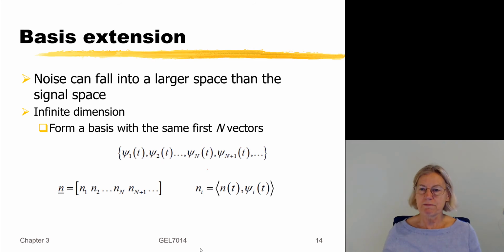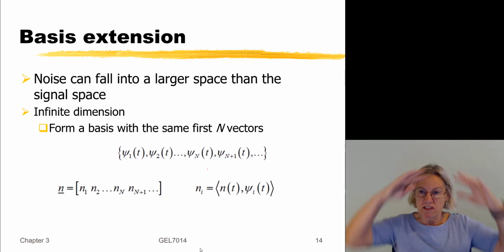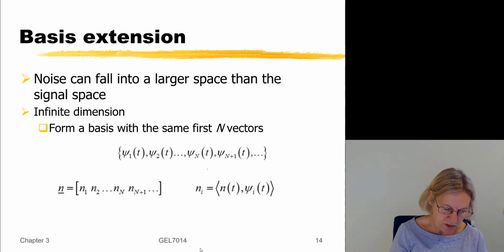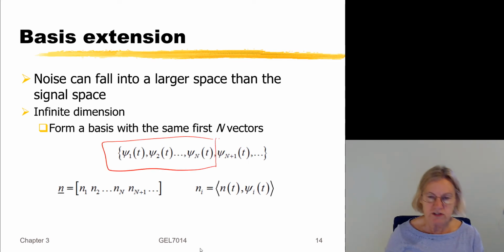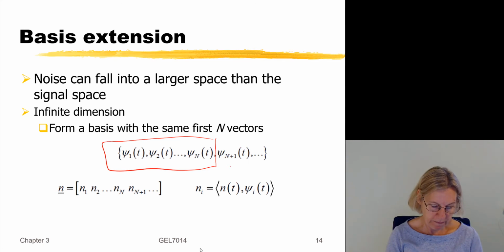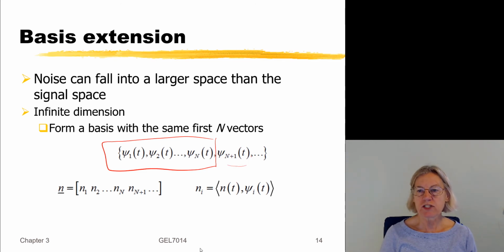But I'm not going to throw away what I already did. I'm going to start with it like a subspace. The signal space is a subspace of the noise space. So I'm going to start with that subspace, and I'm going to use those first n basis vectors to describe the larger noise space. I'm just going to extend it. I'm going to add more basis vectors in order to make sure that I span the whole noise space.